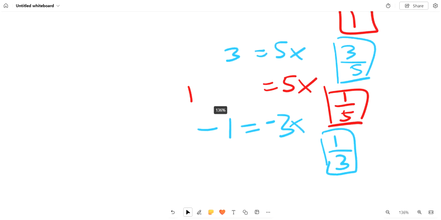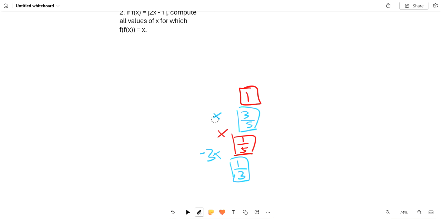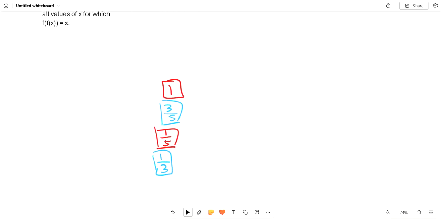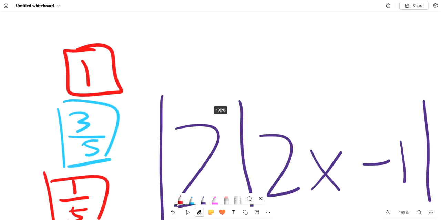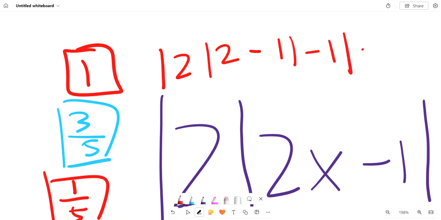So we now have to check if each of these work. So if we plug it into our original function, which is just |2x minus 1|, if we input 1, we just get |2 times 2 minus 1|, equals 1.